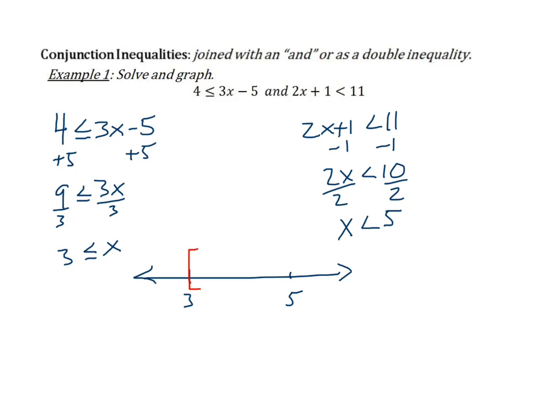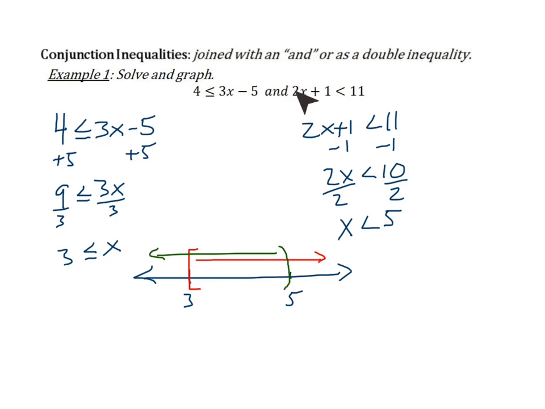Well, that's these guys up here. And then we have all the numbers less than 5. And that's going to be a soft bracket because it's not included. And that's all these numbers going over this way.